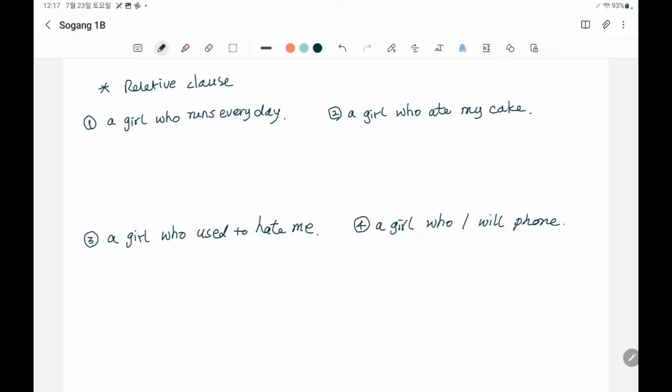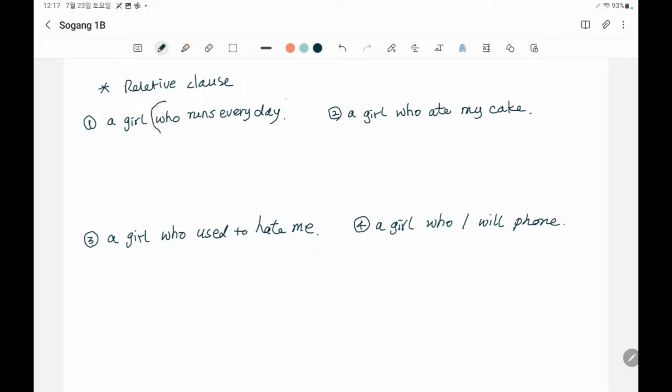If you know how to modify these nouns, you can basically use these relative clauses in Korean. So for example, there are 4 different relative clauses that modify girl. There are 4 different relative clauses all modify a girl here. 자, first case 봅시다. First one, a girl who runs every day.